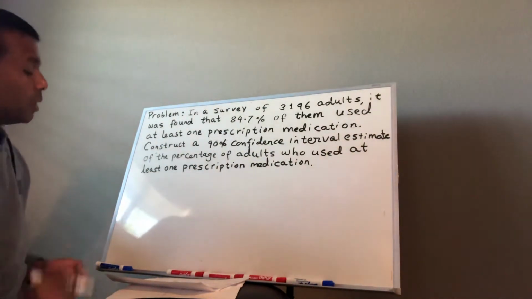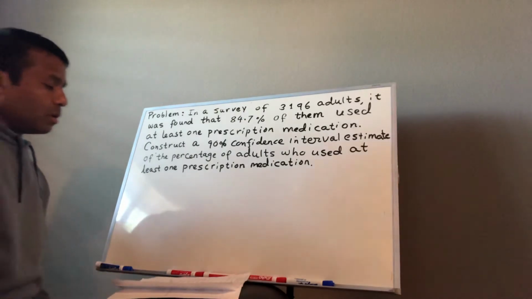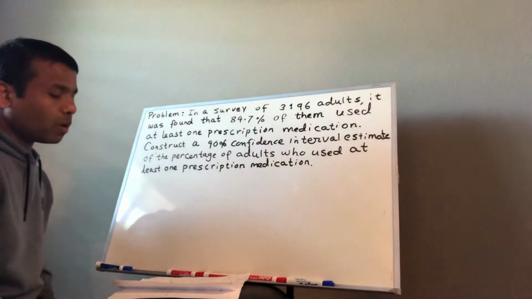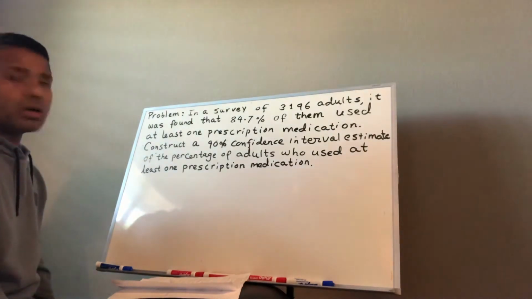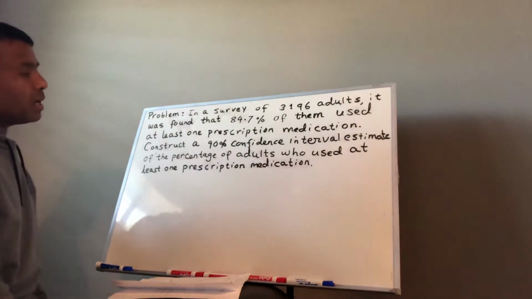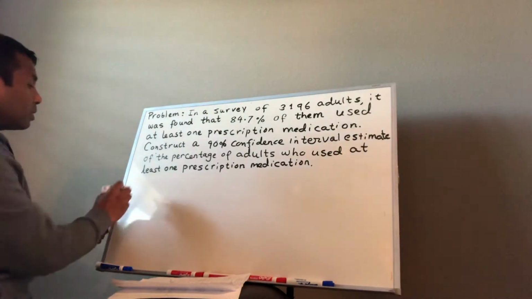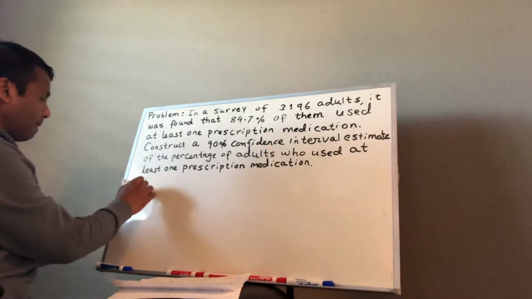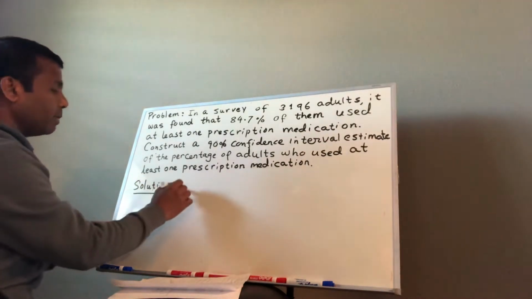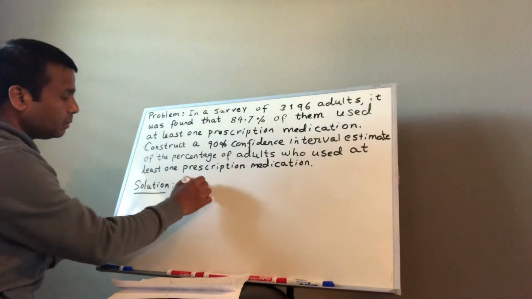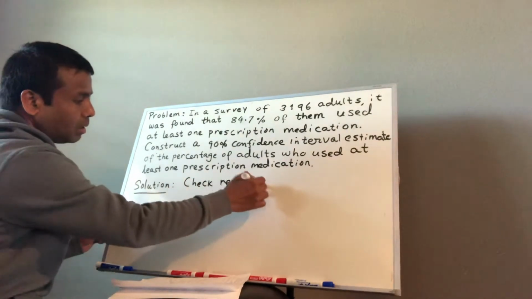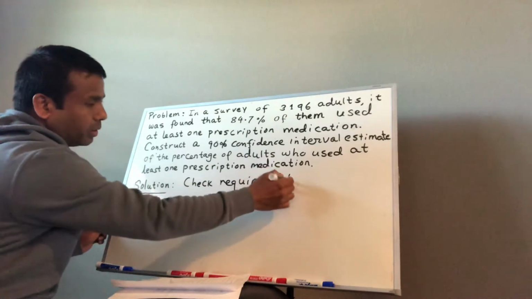Okay, so first of all, we have to check the requirement to construct a confidence interval to estimate a population proportion. So let's check the requirements, okay?